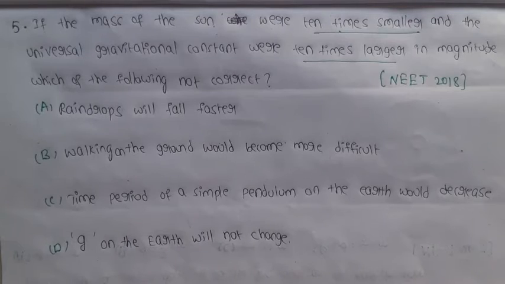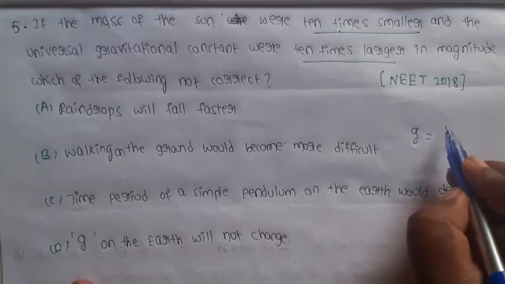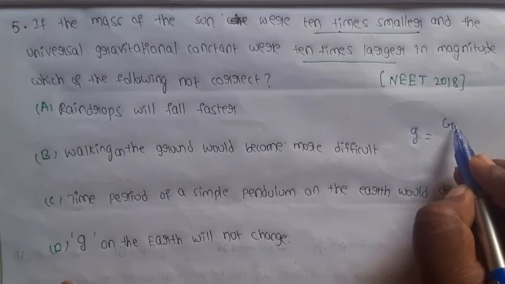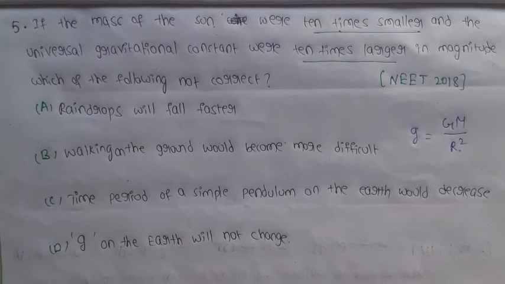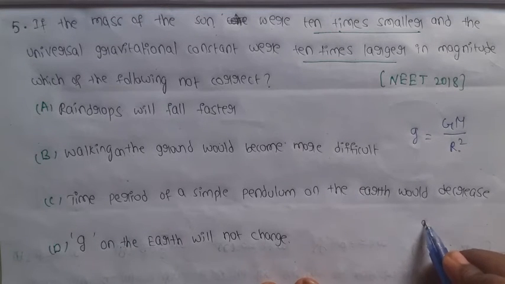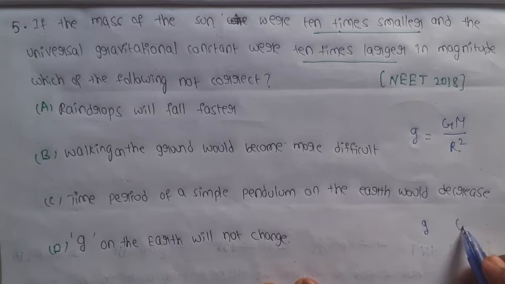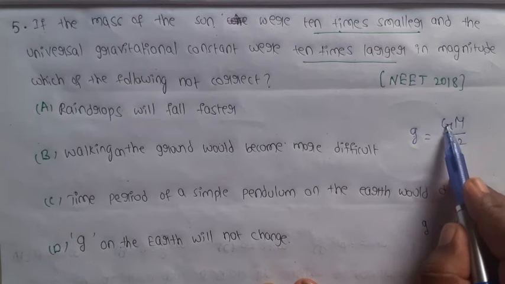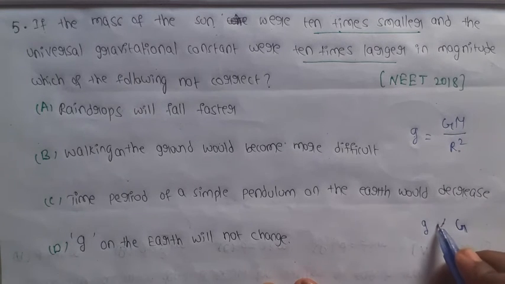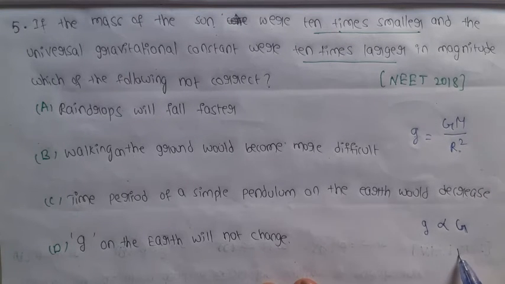First, what is the formula of g? g equals G capital M by R square. That is the formula. Suppose the universal gravitational constant value increases, what happens? g also increases because g and the universal gravitational constant are directly proportional, and mass is also directly proportional.